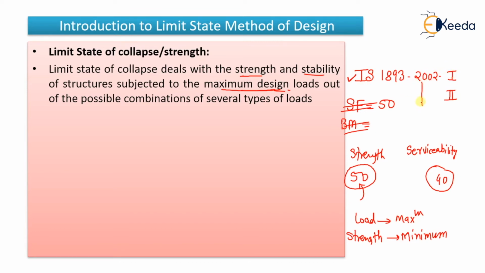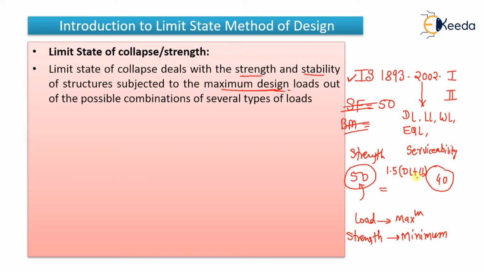In this, load combinations are given. Now what is load combination? For example, dead load is coming over the structure, live load is also coming over the structure, wind load is also coming over the structure, earthquake load is also coming over the structure, various loads are coming over the structure. So in that case, you will have to use the combination of these loads. So I will give one example. There is one combination which says you have to take the load like this.